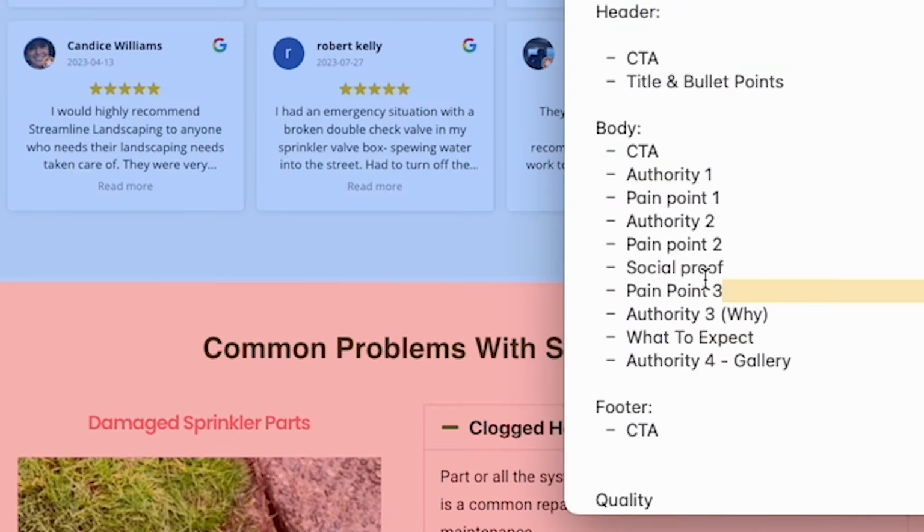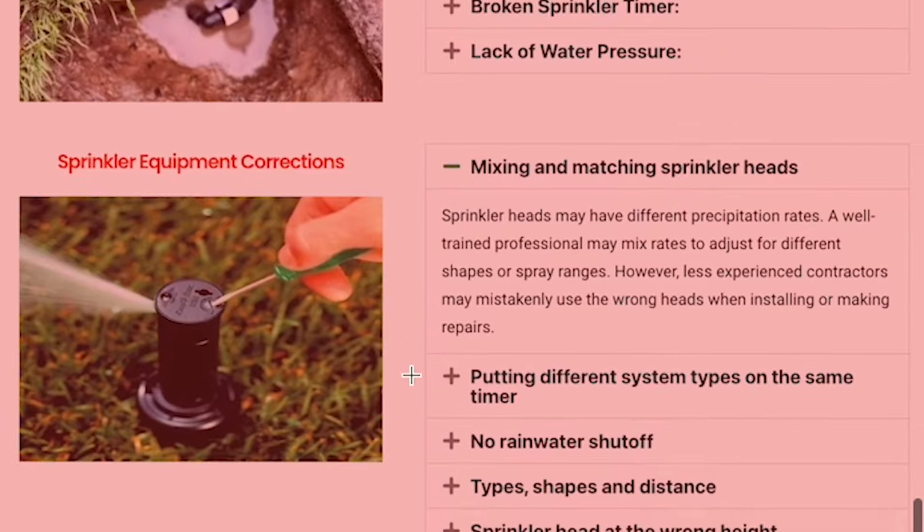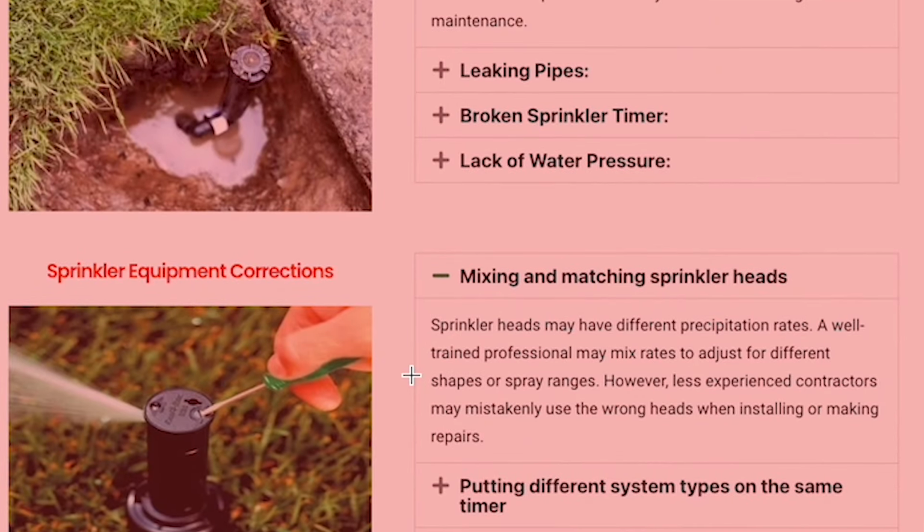So after the social proof, we're going to be starting to circle back on a pain point and another authority. So they may have a specific pain point and they may have questions. So they might have clogged heads, they might have leaking pipes, they might have a broken sprinkler timer.